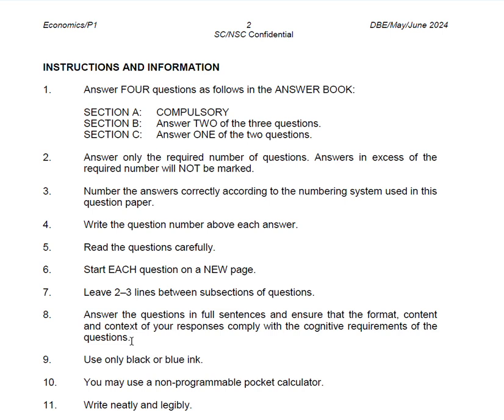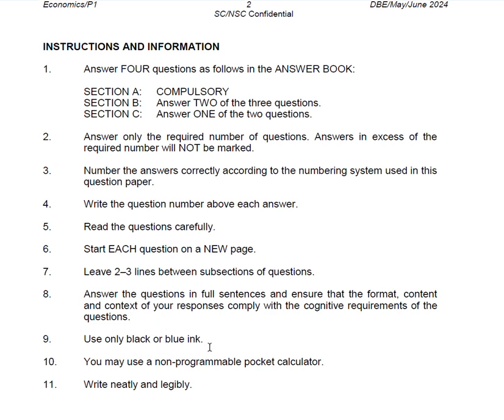For example, you do not use etc. You need to write it in full, because you are expected to use the full wording or full sentences for your answer, and also make sure that your sentence makes sense and is readable to the next person.